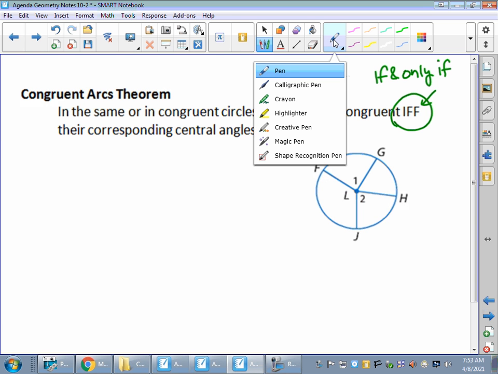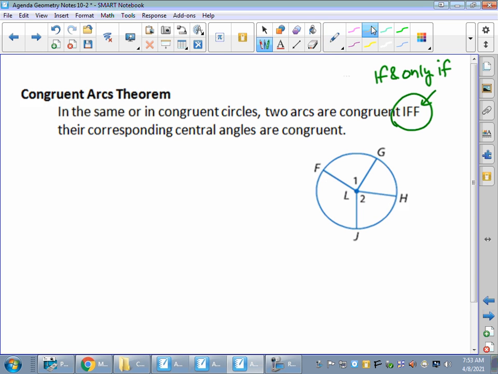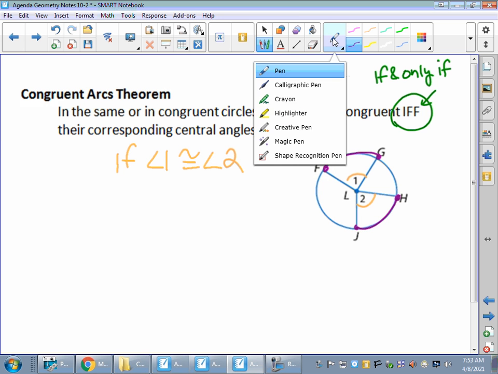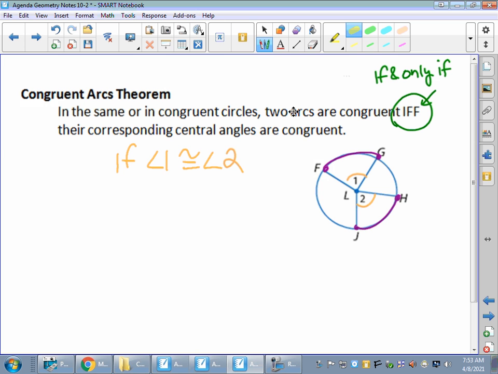So if I've got angle 1 here, let me just mark this. Let's say that angle 1 is congruent to angle 2. What does that mean for arc FG and arc JH? So if these two angles are congruent, I'm going to do some highlighting.